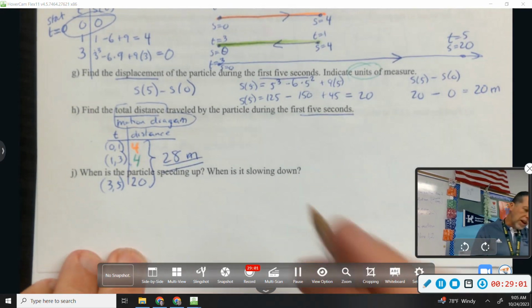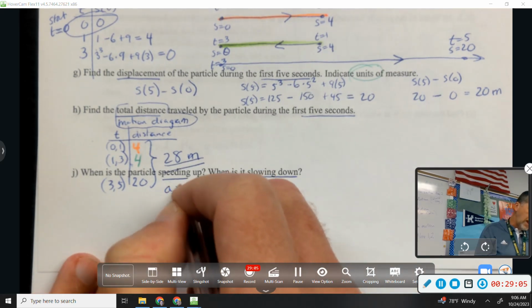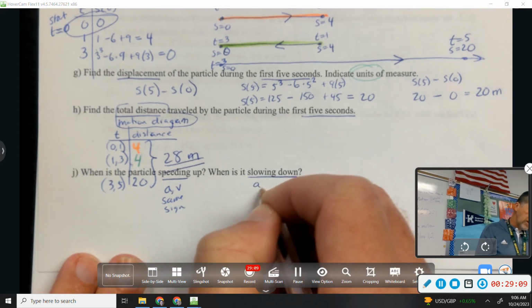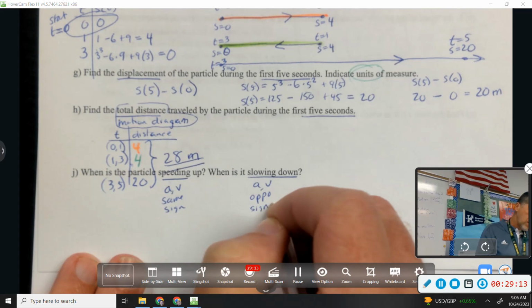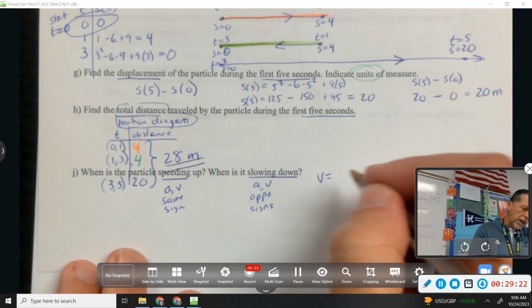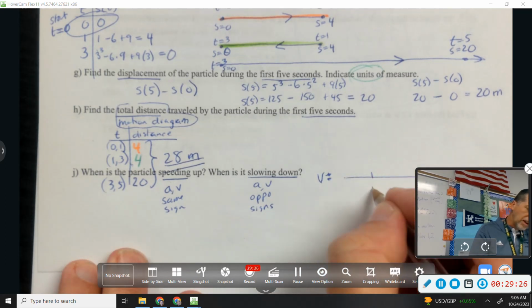All right, speeding up and slowing down. Speeding up is where A and V have the same sign. Slowing down is where A and V have opposite signs. I already know something about V. In fact, I'm going to just recopy that V number line down.